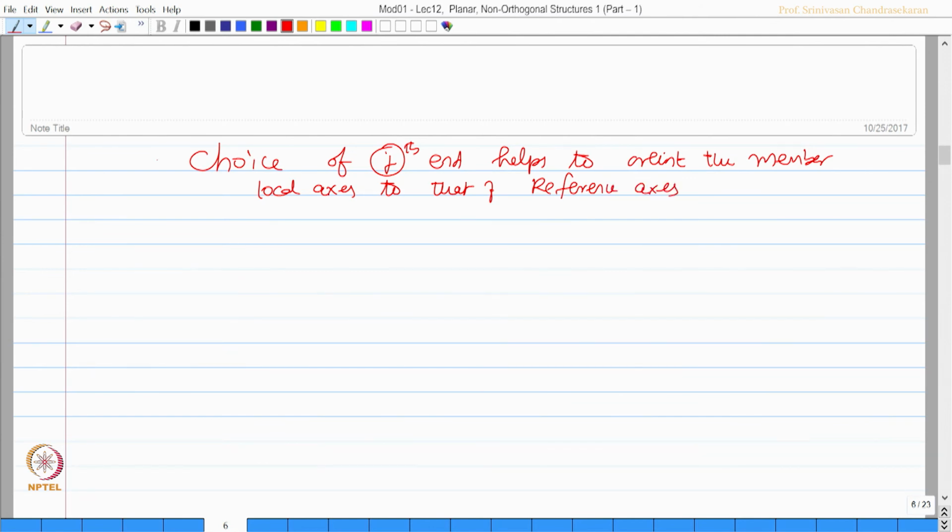Okay. So, it is all depending upon where you choose your jth end. We can give some examples. Let us take two examples: an orthogonal system and members non-orthogonal to each other.